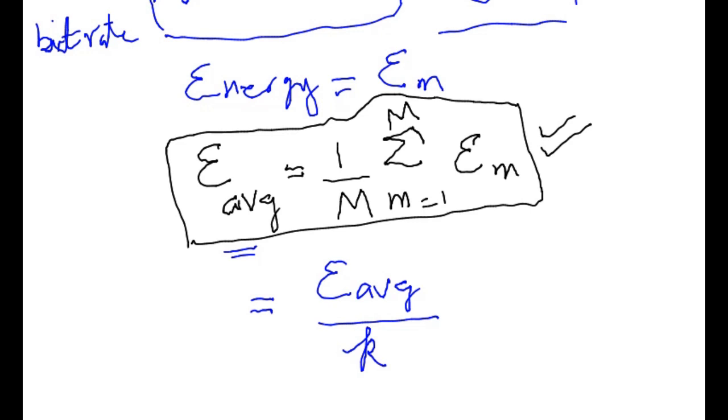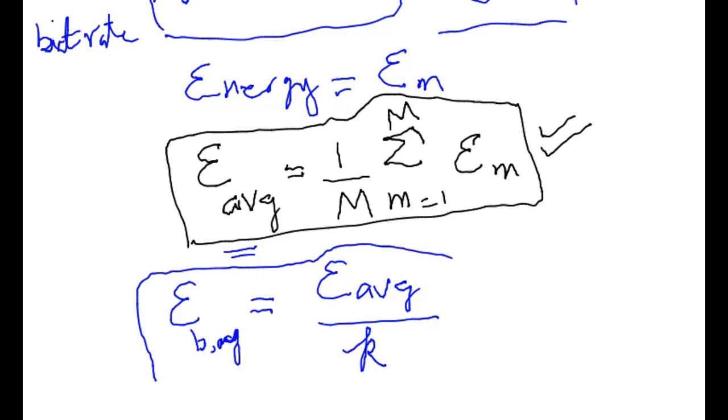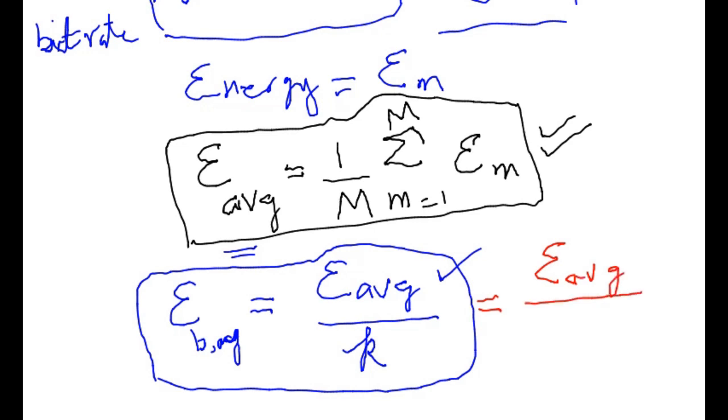So the average bit energy, which we will denote by E_b average, or sometimes only E_b, can be computed from the average symbol energy by dividing it by k. Similarly, you can replace k by log base 2 of M. So this is your average bit energy.